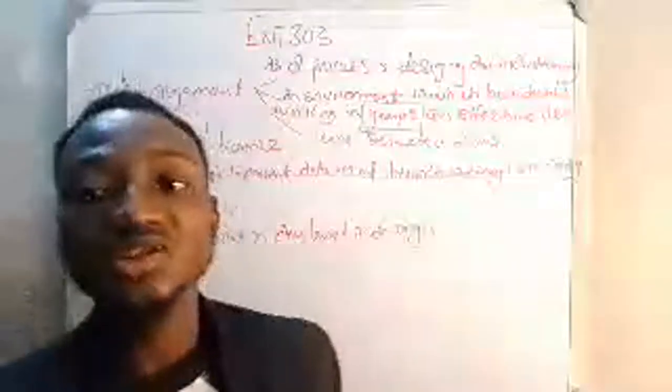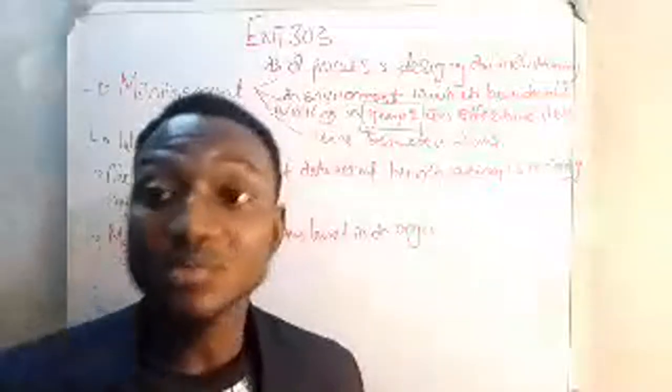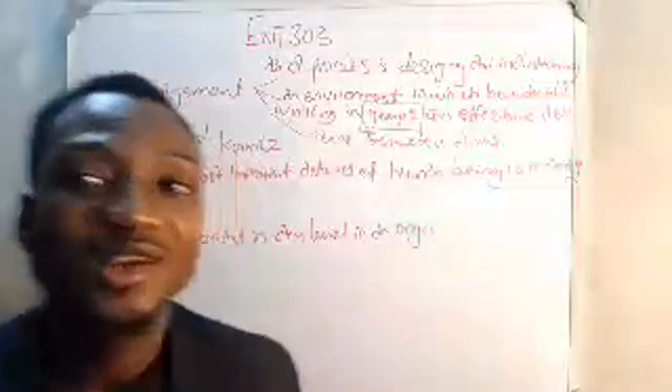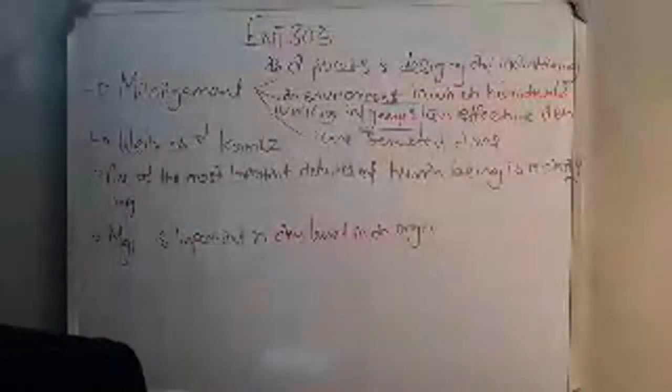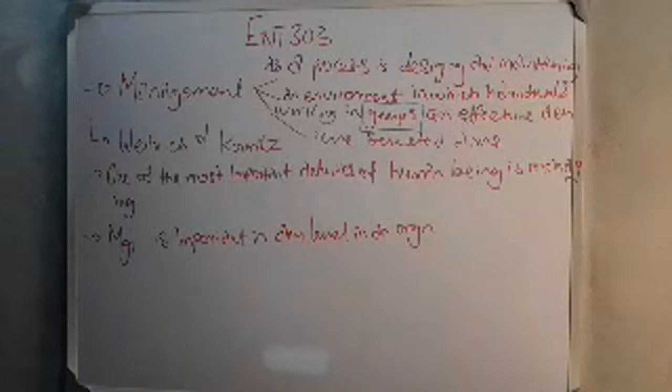So management is the mechanism put in place to ensure that these individuals can help achieve the selected aim of the organization, not just anyhow, but in the most effective and efficient way. So management is important at all levels of an organization.